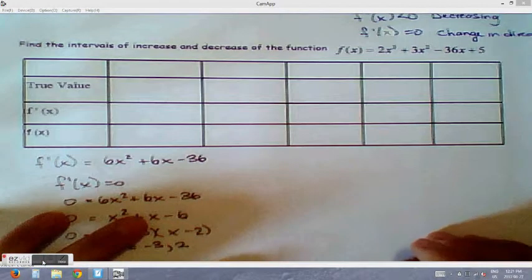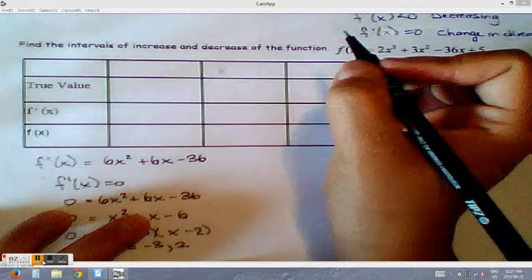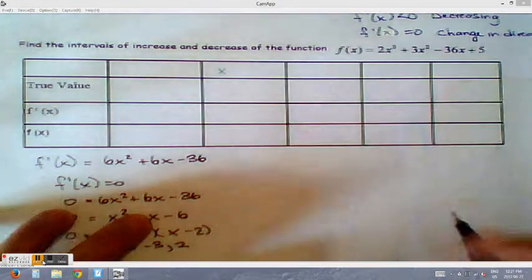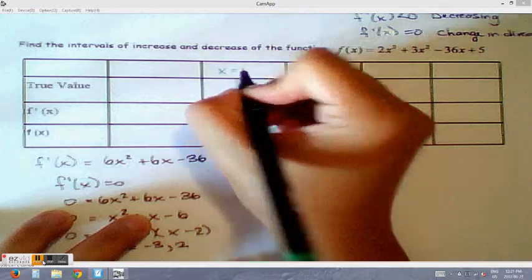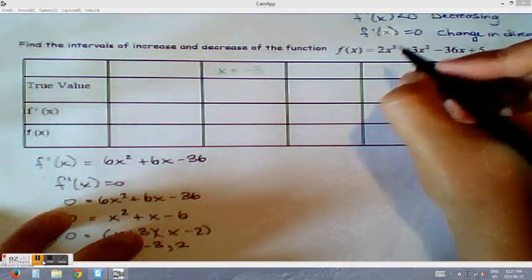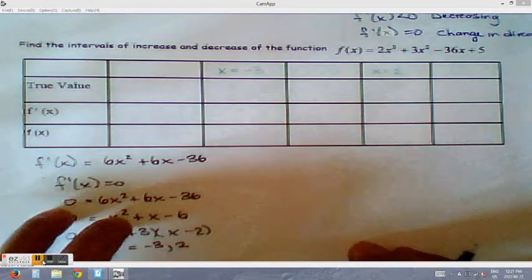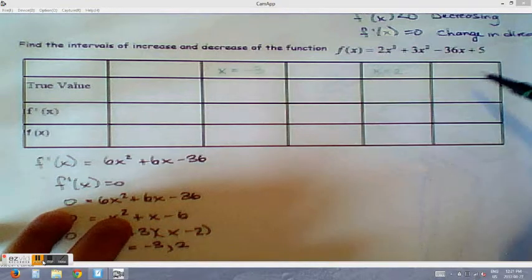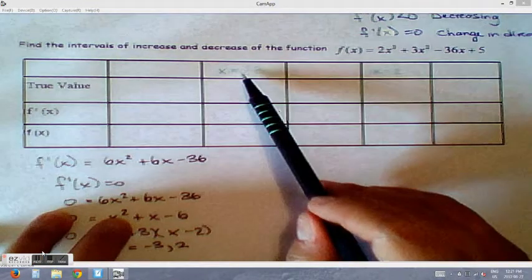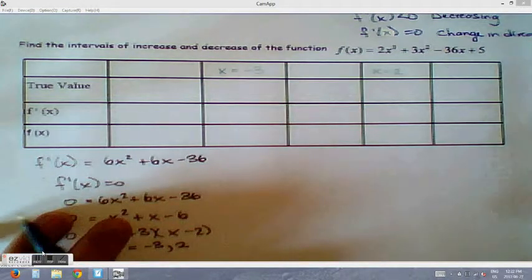For now, I'm going to fill in everything in the table, but you can take some shortcuts. I'm going to use this color green if you can see it. So there's x equal to negative 3 and x equal to 2. We're going to look at the function in between negative 3 and 2, as well as greater than 2 and less than negative 3.